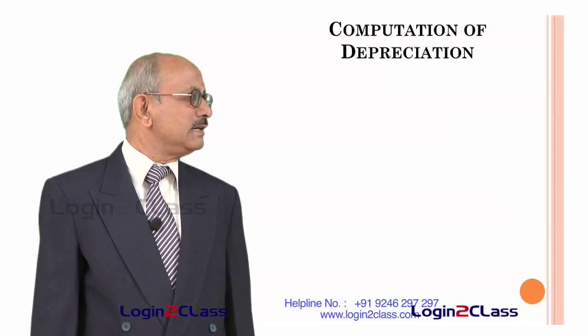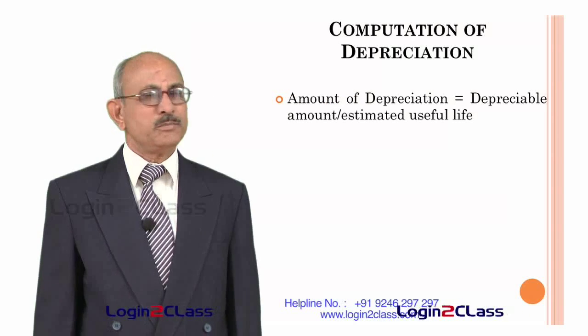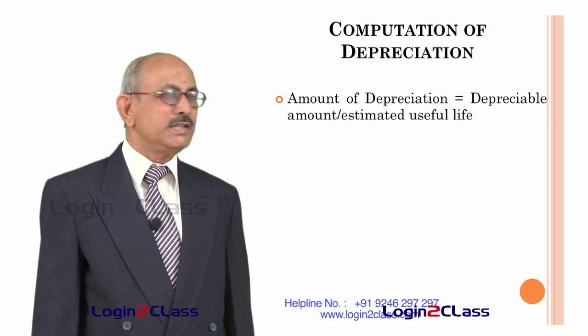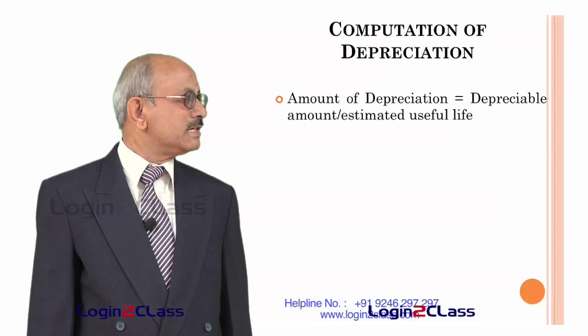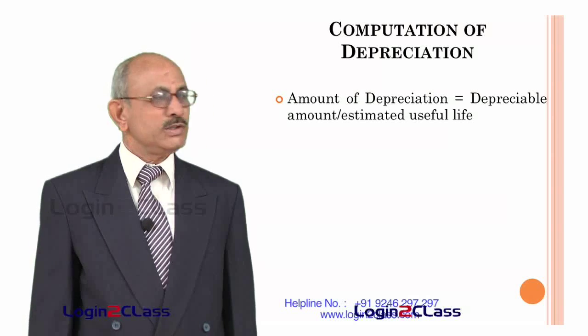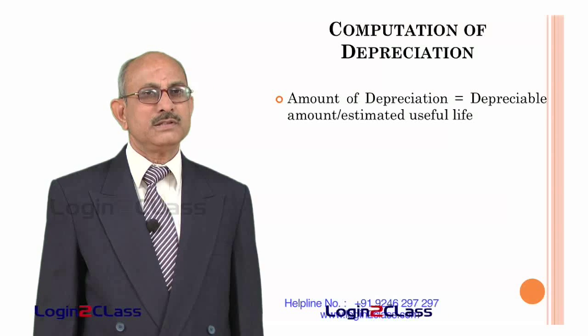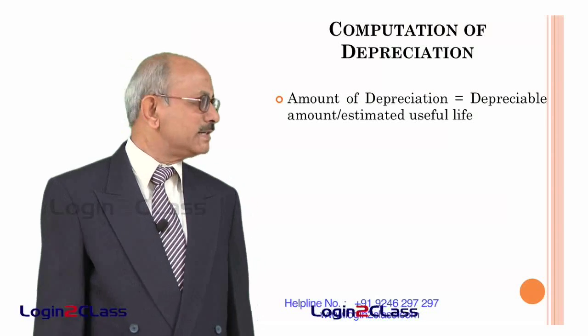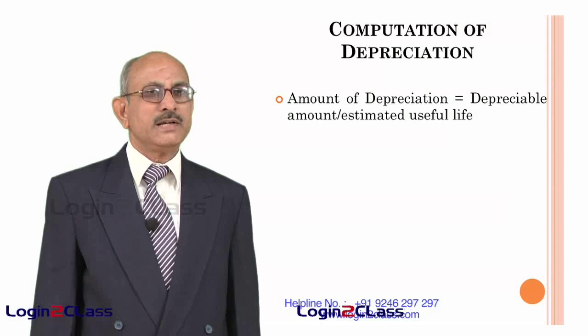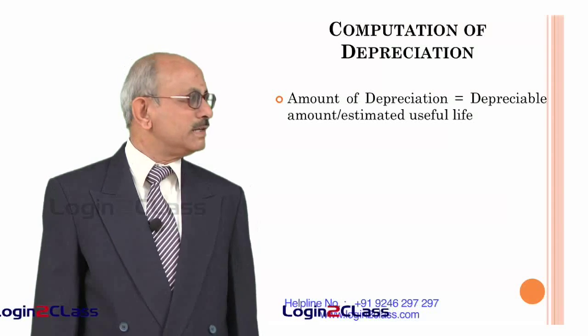It is calculated by the following equation: amount of depreciation is equal to depreciable amount divided by the estimated useful life. So here the denominator, that is estimated useful life, is already known, the entity has already estimated it, and for that we have to calculate the numerator, that is the depreciable amount.